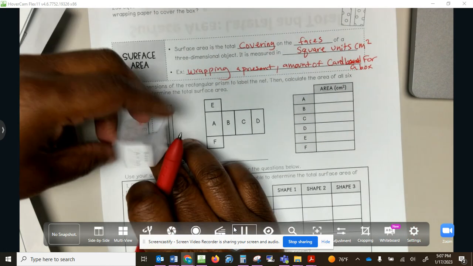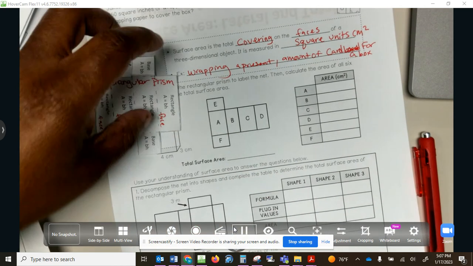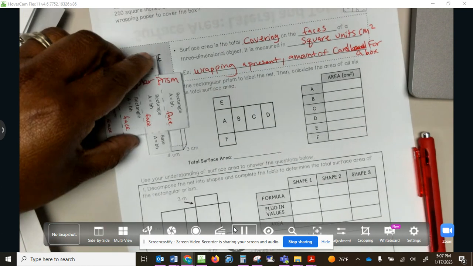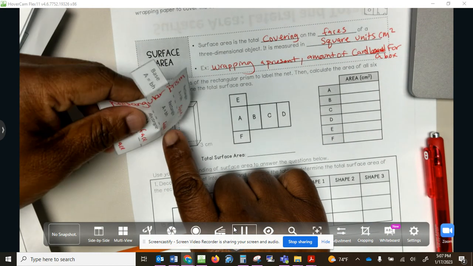So even on mine, I'm going to write 4 in pencil so I can erase if I need to. This is good for you too, so that if you struggle with knowing where your numbers go on your shape, that's one of the reasons I gave you these.